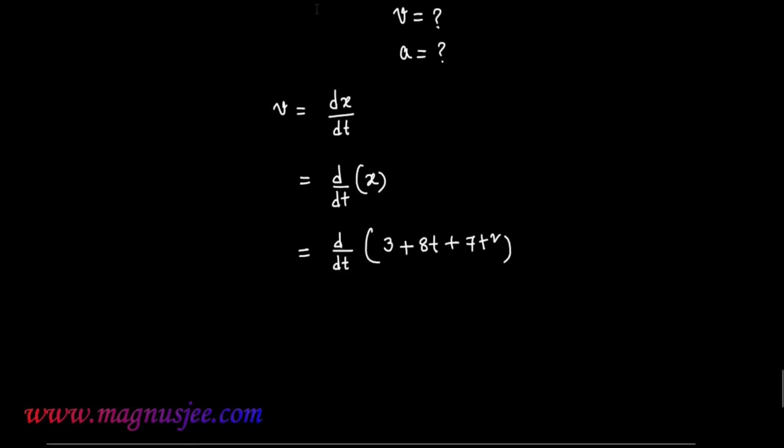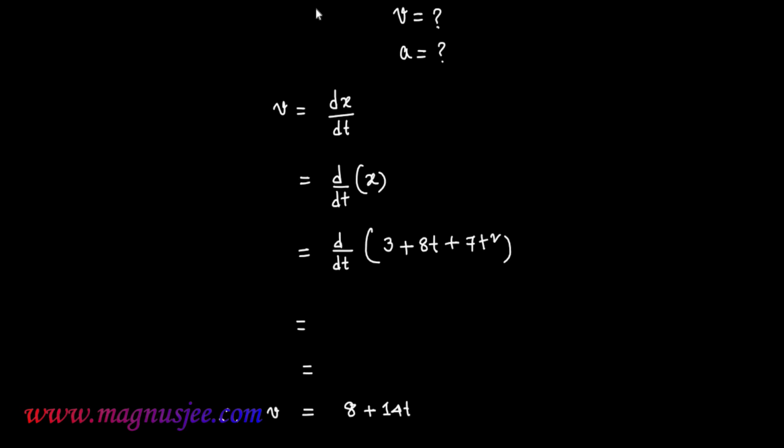And it will be what? Answer will be 8 plus 14t. Differentiate and prove that this instantaneous velocity will be 8 plus 14t meter per second. That is the expression of instantaneous velocity.